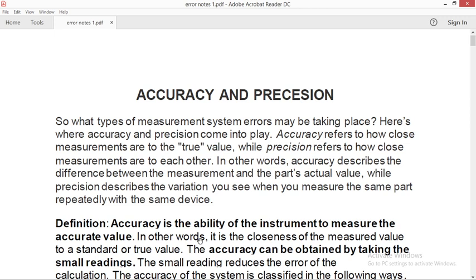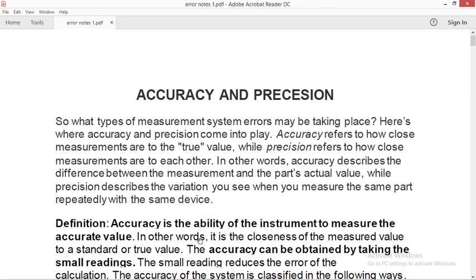Accuracy refers to how close the measurements are to the true value. For example, if I ask you to tell me the weight of a person, and suppose that weight is 50 kgs, and according to your approximation you tell me 53, that is accuracy.